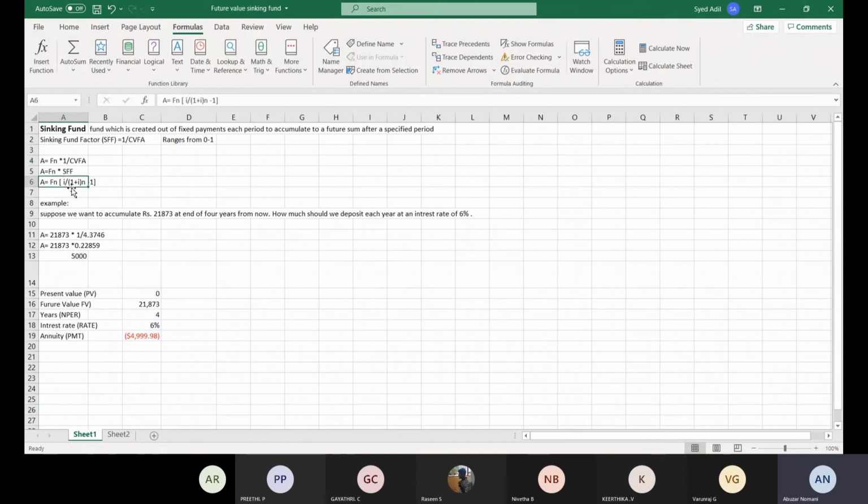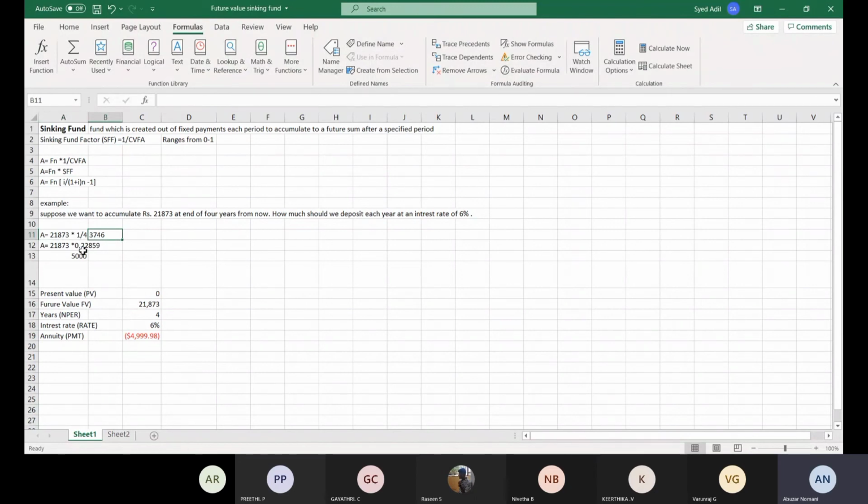There is also a basic formula: Fn into I divided by (1 plus I) raised to the power n minus 1. With this formula we get the sinking fund. Now we will take the example again and try to compute the sinking fund. A is equal to 21,873, the future value that we want, multiplied by the reciprocal of the CVFA, the compound value factor.